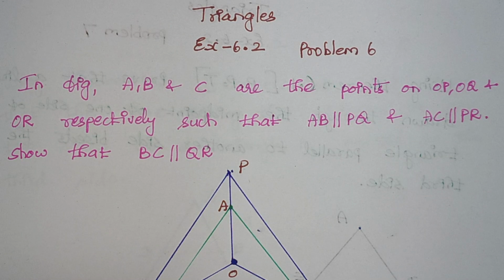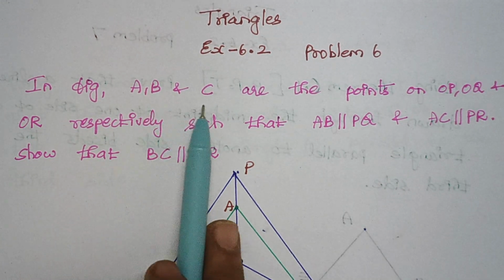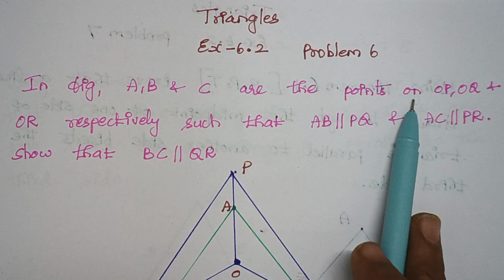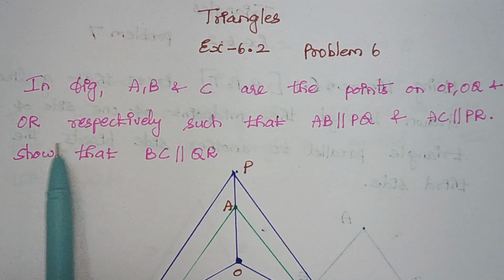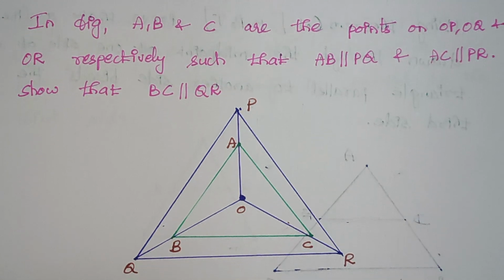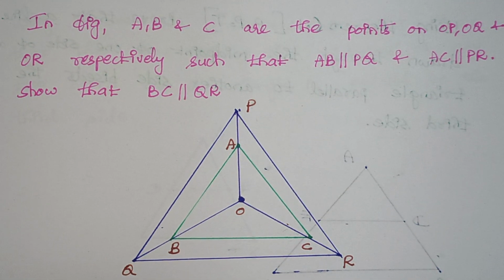Now problem 6. In the figure, A, B, C are the points on OP, OQ and OR. Okay. So here we have triangles, right?